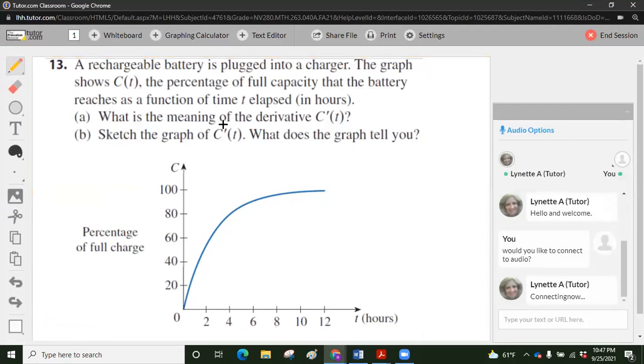Yes, it is. So I don't have any problem with part A, but part B is where I'm personally struggling. Okay. Sketch the graph of C prime of T. What does the graph tell you?